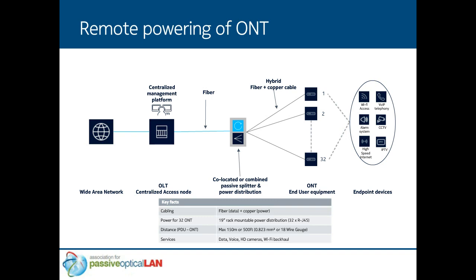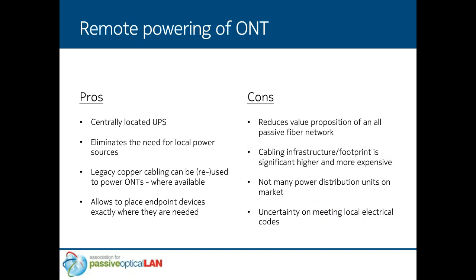All right. So the pros and cons of remotely powering ONTs. Well, it consists of a centrally located UPS, which actually eliminates the need for local power sources at each endpoint device location. Where available, the legacy copper cabling can be reused to power the ONTs. And the key benefit of remotely powering ONTs is that it allows to place the endpoint devices exactly where they are needed.